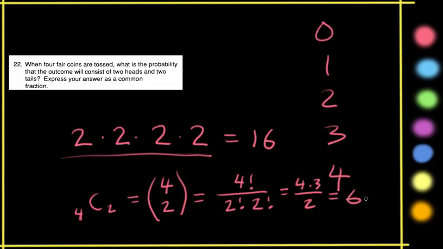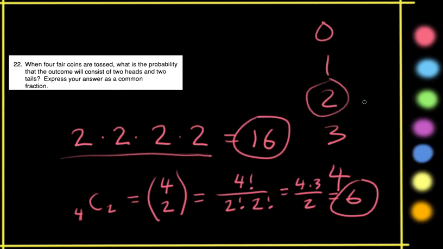So there's 6 ways to get 2 heads, and there's 16 total ways. So the probability is going to be the ratio of these two. It's going to be the number of ways you can get 2 heads divided by the total number of ways. So it's going to be 6 divided by 16, which is also when you simplify it, that's 3 over 8. So the answer there is 3/8.